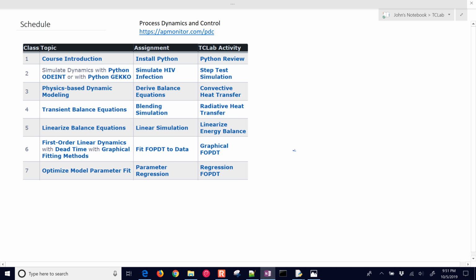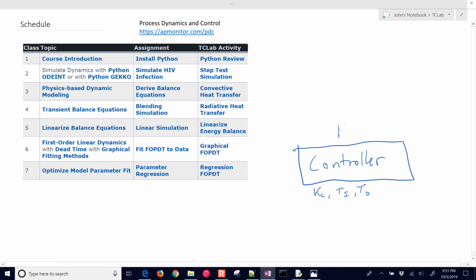For a controller, when we're developing a controller, for a PID controller especially, we need to have Kc, tau I, and tau D. Those are going to be some of the constants, and to get those, we use a tuning correlation that can be dependent on our model of our system. So we need some sort of a model, and one simple way to do that is to come up with Kp, tau p, and theta p, like a first order plus dead time model.